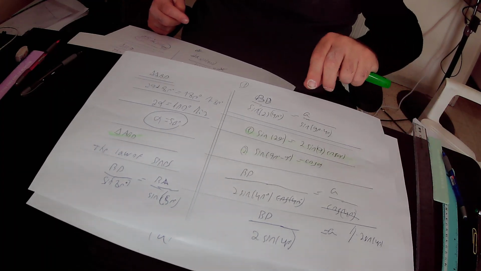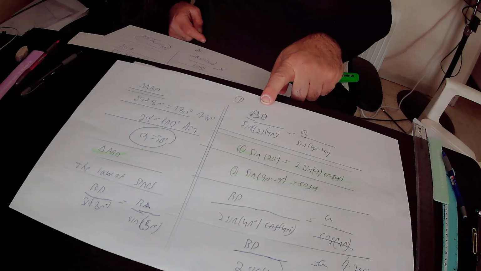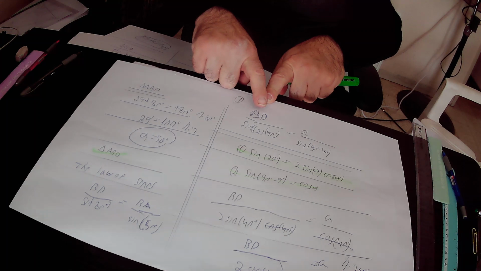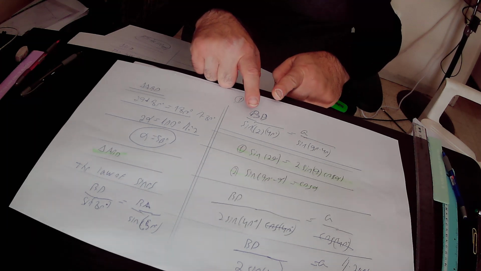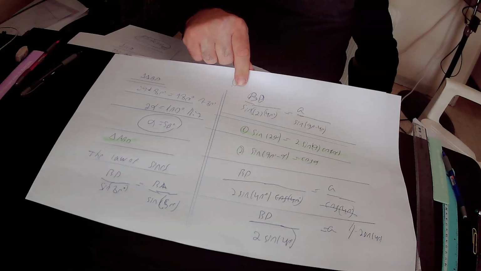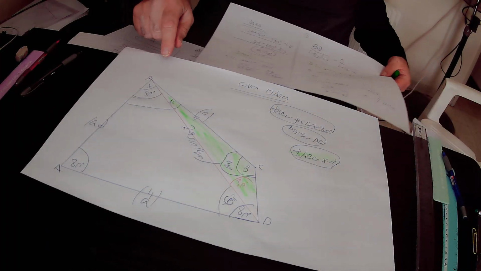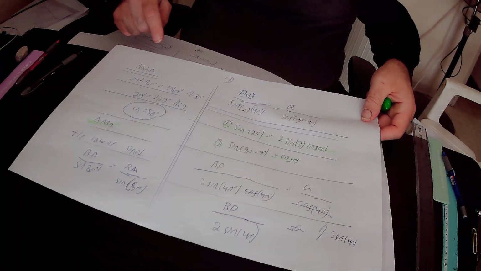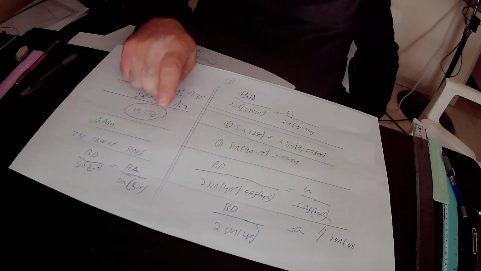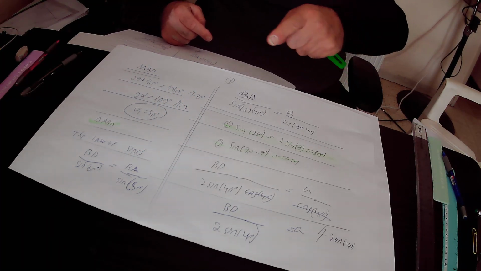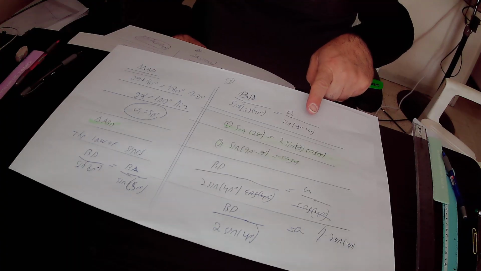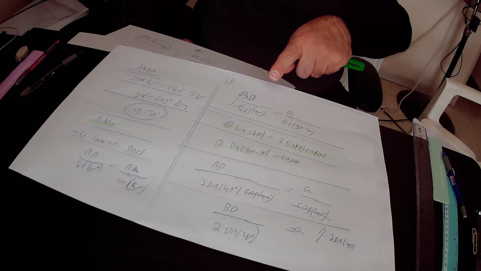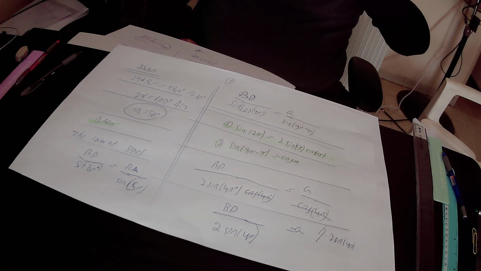So in total, we found out that BD over sine 2 times 40 degrees equals BA, which is A according to our definition, over sine of 90 degrees minus 40 degrees.